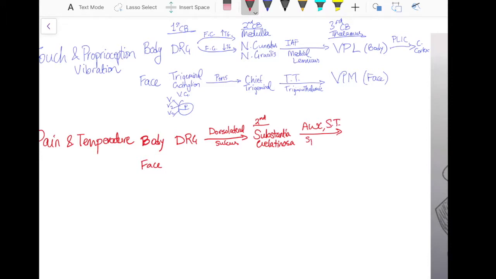So this will be ST, spinal thalamic. And that will go synapse into the VPO, just like all of the body, and then through the posterior limb, PLIC, into the cerebral cortex.